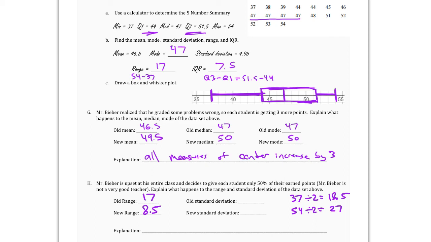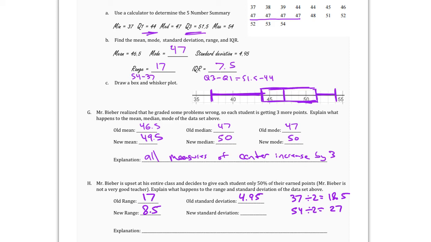Okay. The old standard deviation was 4.95. Well, a pretty good prediction would be that standard deviation would get cut in half. And I'm not going to have you go through and actually do this.